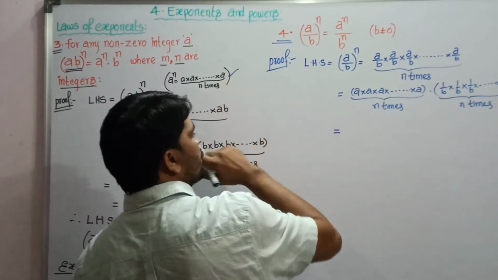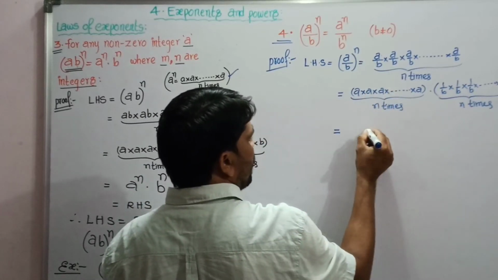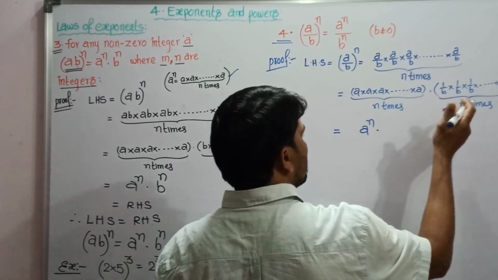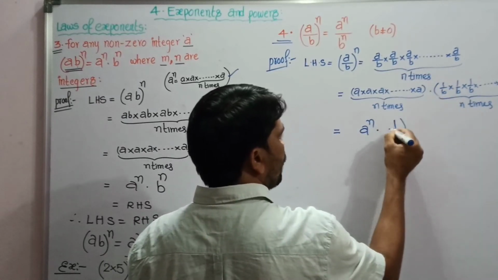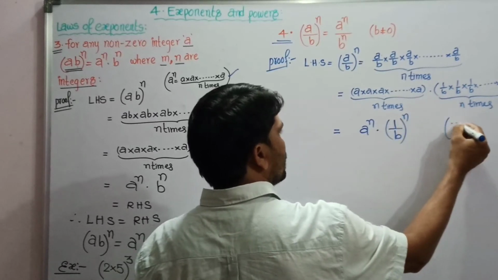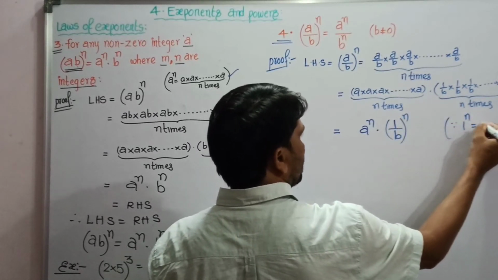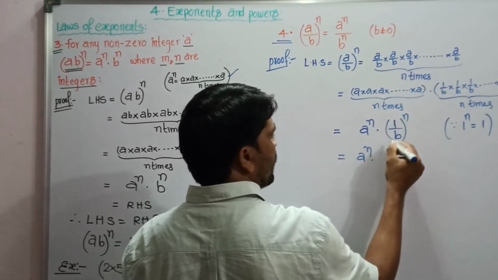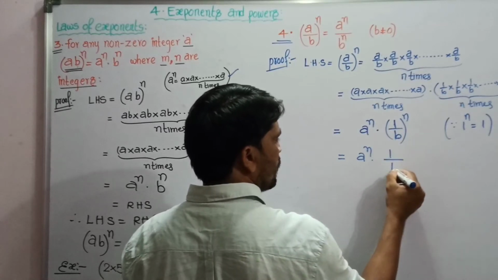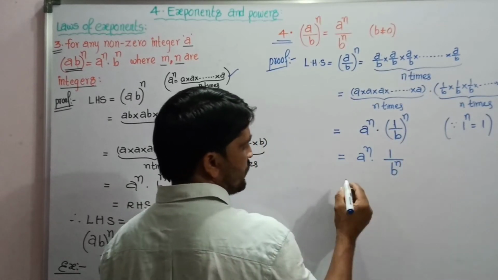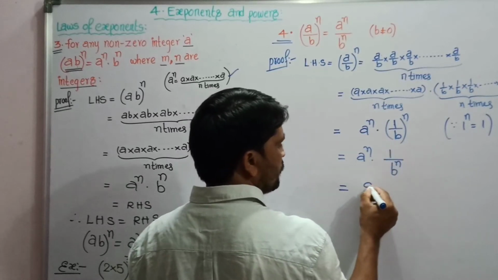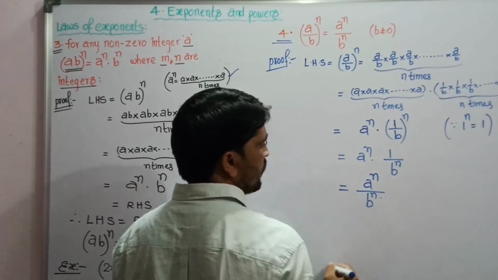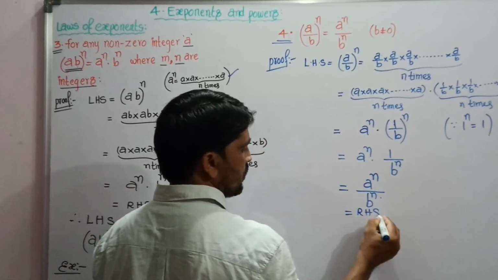Again, by the definition of exponents, a occurs n times can be written as a^n, and 1/b occurs n times can be written as (1/b)^n. Since 1 raised to any power gives 1, a^n × 1^n / b^n gives a^n / b^n, which is the RHS.